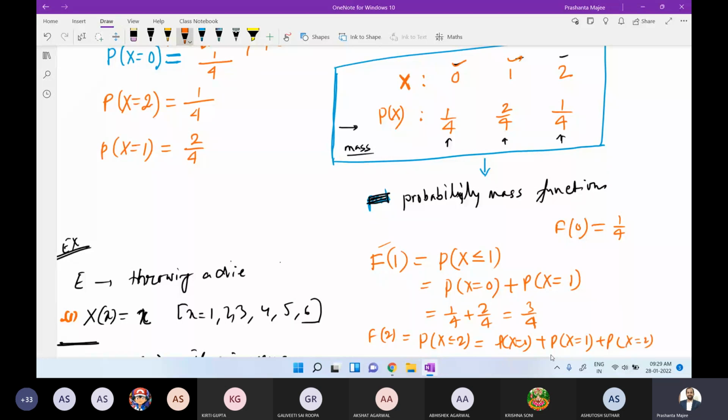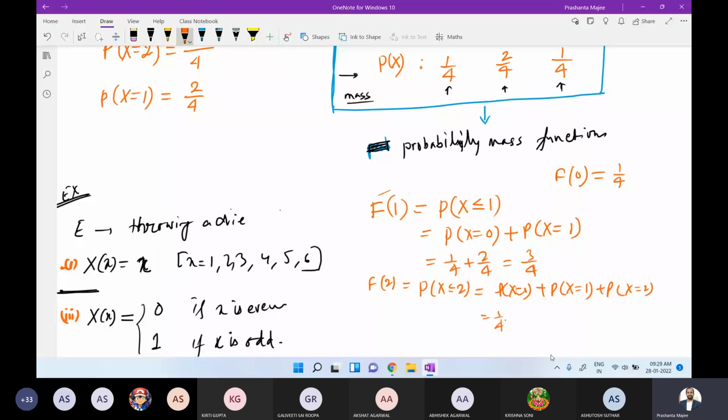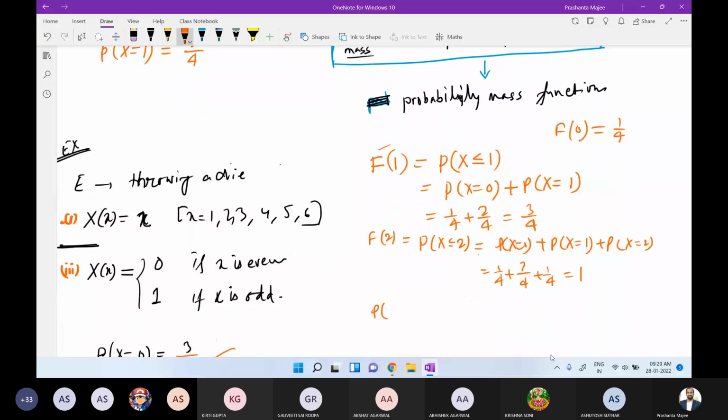If you add them all, you get 1. What is F of 3? By definition, F of 3 is the probability of X less than or equal to 3, so that will be the same as 1.